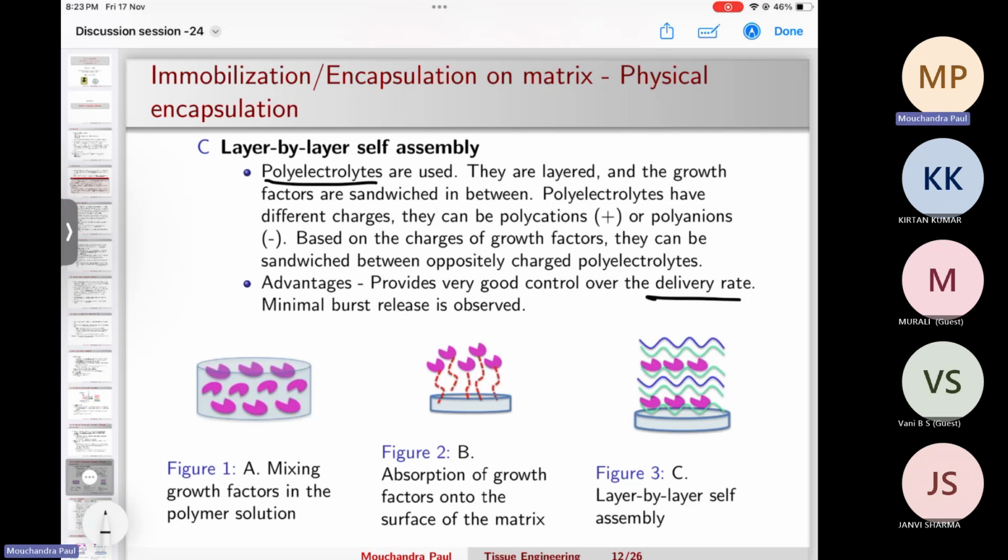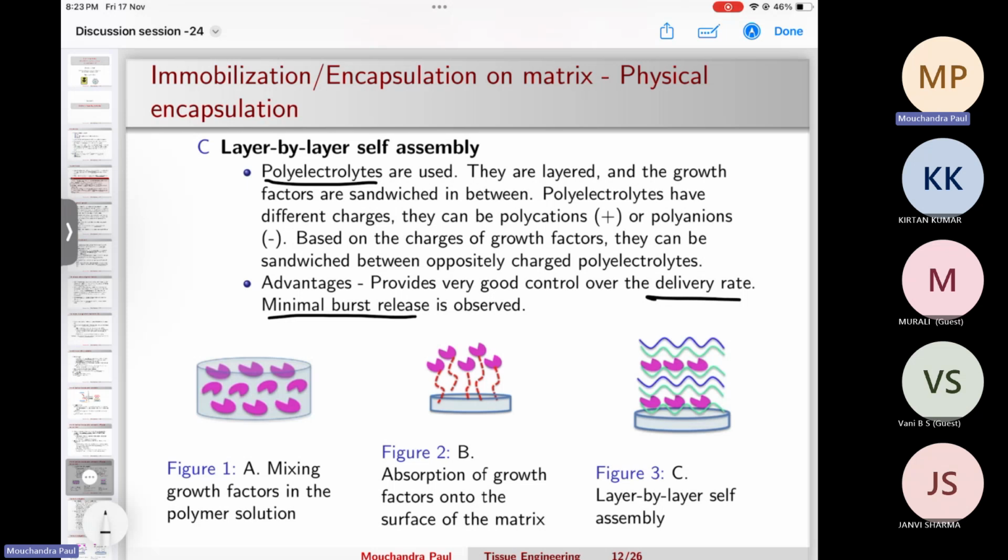But if you use fewer layers, it is easier to break the electrostatic interaction and get your growth factors out. People have observed that using this technique, the burst release is minimal. Burst release is there because the interaction is physical, which is relatively weaker than chemical interaction, but it is kept to a minimum extent.